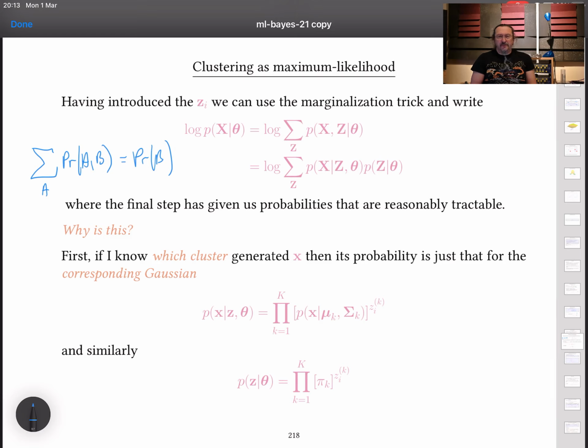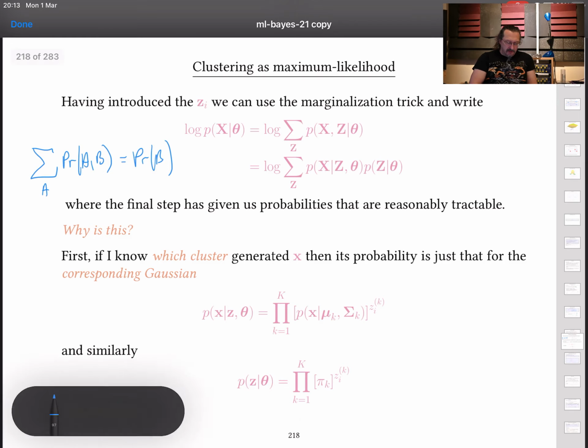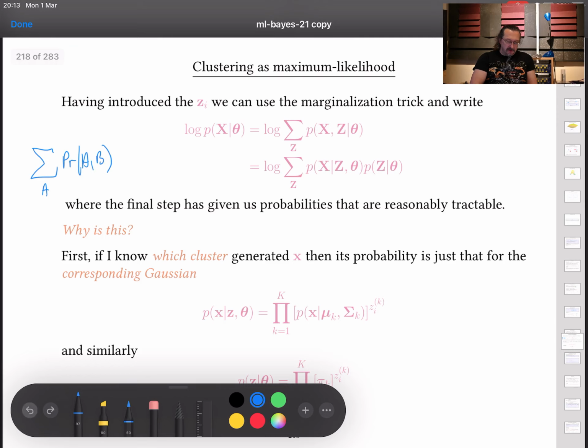But if instead of doing that process left to right, you do it right to left, you can introduce one instead. So that's what we're doing at the top of the slide here in order to get these latent variables into the picture.